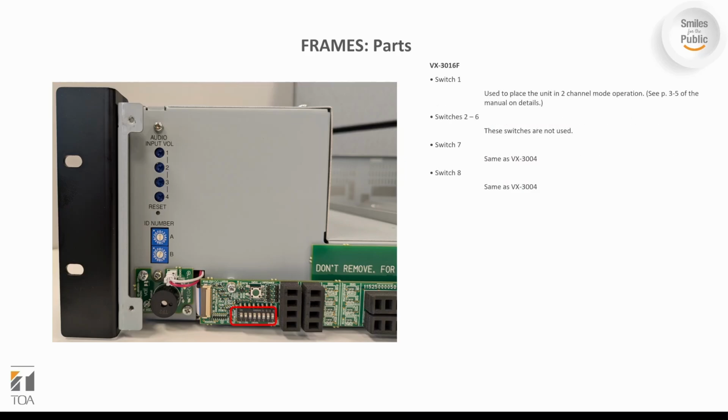For the VX3016F, switch 1 is used to place the unit in 2-channel mode operation. See page 3-5 in the manual for details. Switches 2 to 6 are not used, and switches 7 and 8 are the same as the VX3004.